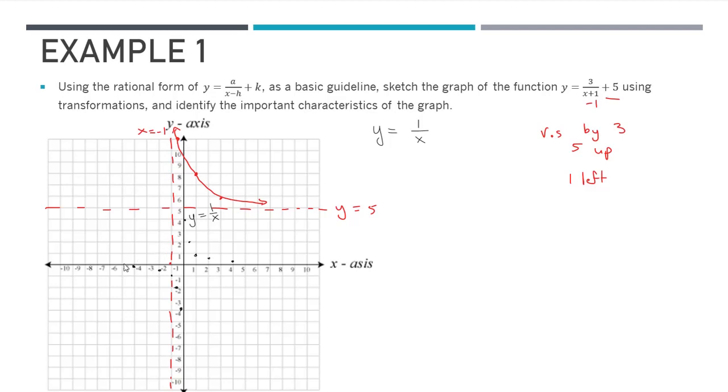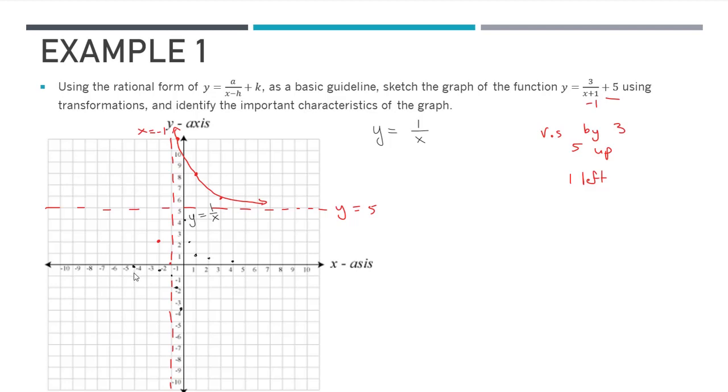Now for the negative portion of our graph, same thing. I'll start at -1 comma -1. So times 3, we get -3, and then 5 up. So we're all the way at 2, but then move 1 left. And we'll pick another point. Let's do this one here again, -0.25.